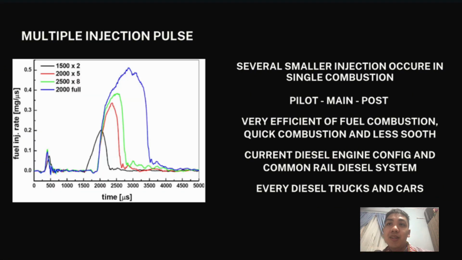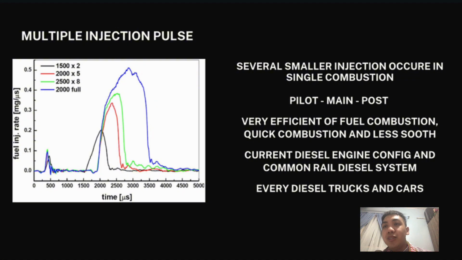So this is the multiple injection pulse, which is the most common in diesel car engines. Here we can deduce that several smaller injections occur in a single combustion, meaning there are more than two injections. The most common multiple injection pulses in the system are the pilot, main, and post injection.